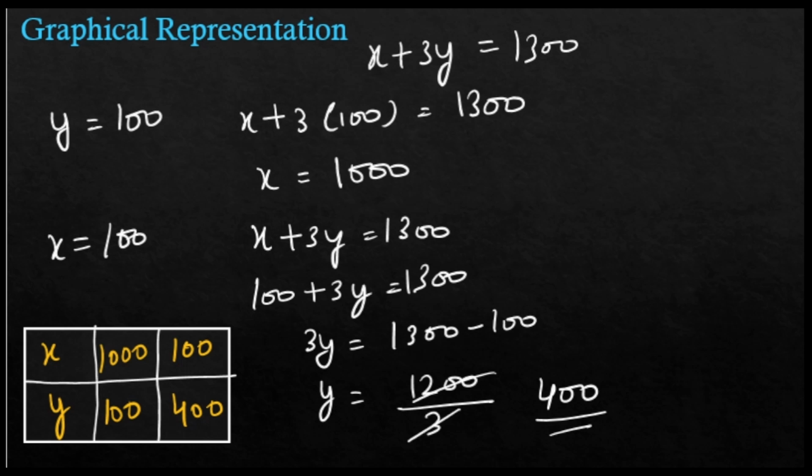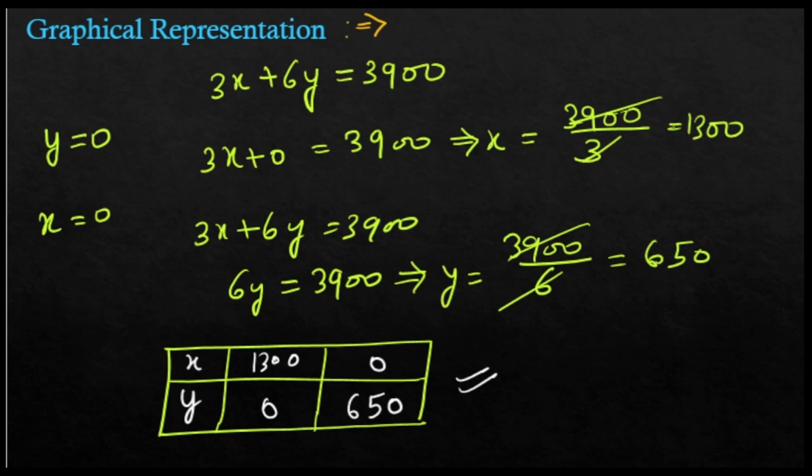You must be thinking why I took y equal to 100 and x equal to 100, when in the very beginning I took the basic y equal to 0 and x equal to 0.